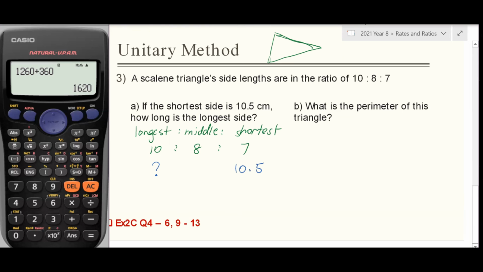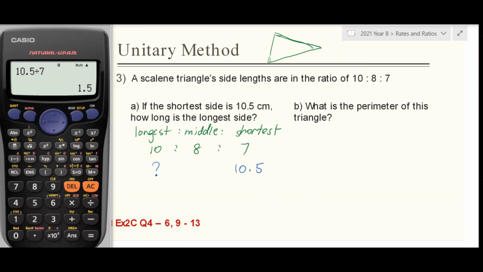Now in this question, you're going to be comparing them. Let's just check out a couple of divisions to see if things work out well for us. So I'm going to check for the shortest side. 10.5, does it divide by 7 easily? Yes, it does.